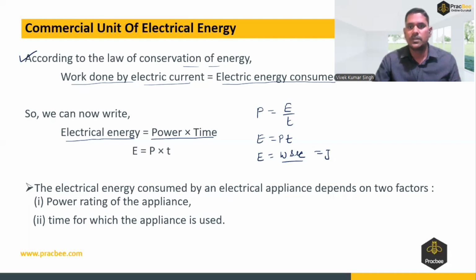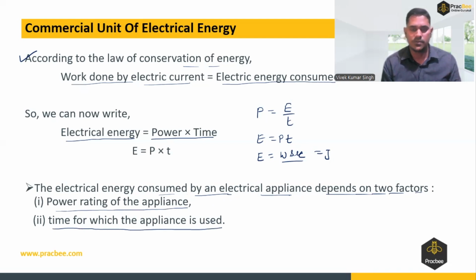But commercially, the unit of energy is kilowatt hour. Electrical energy consumed by an electrical appliance depends upon two factors: the power rating of the appliance and the time for which the appliance is used.